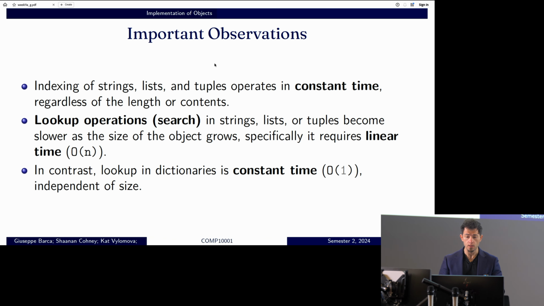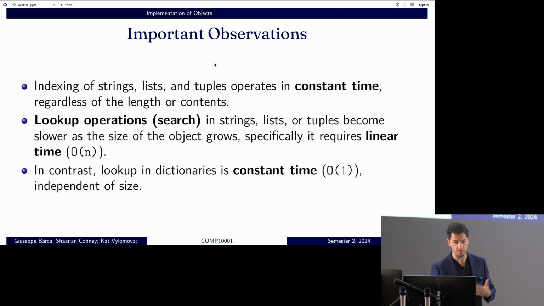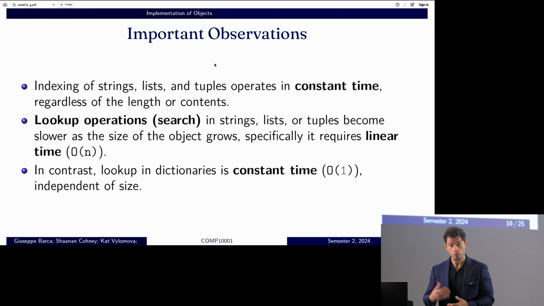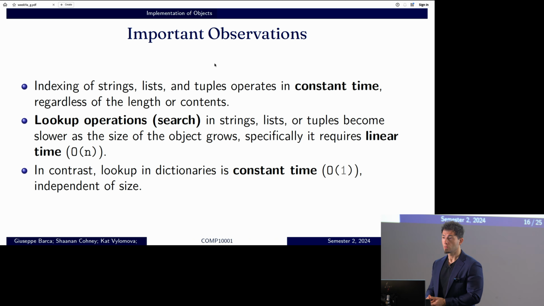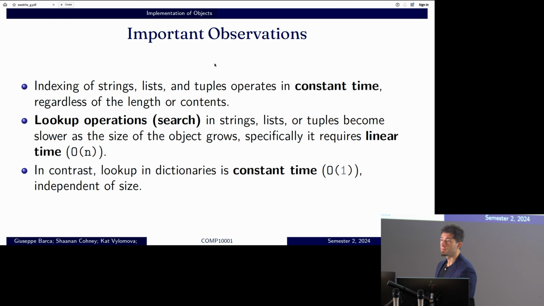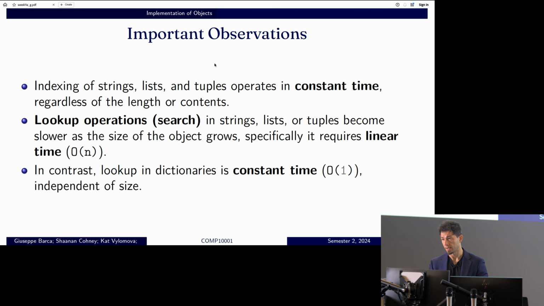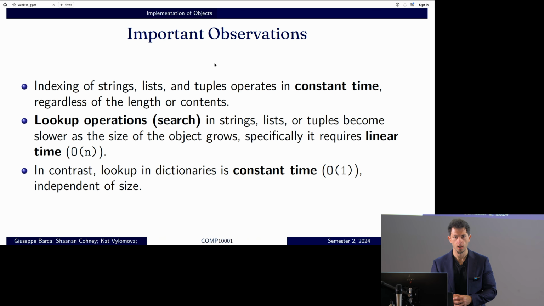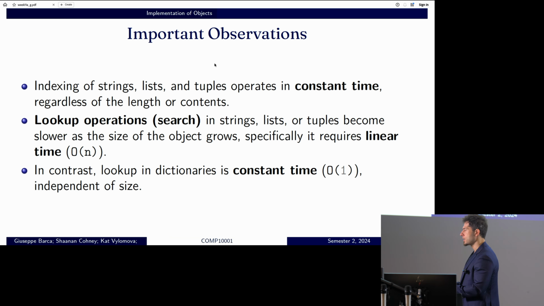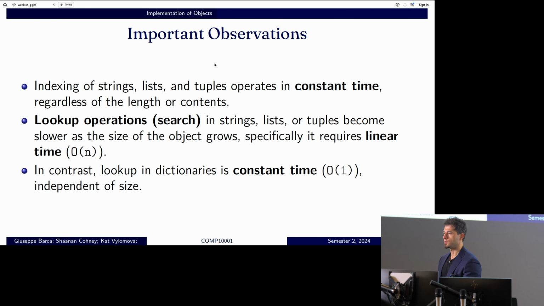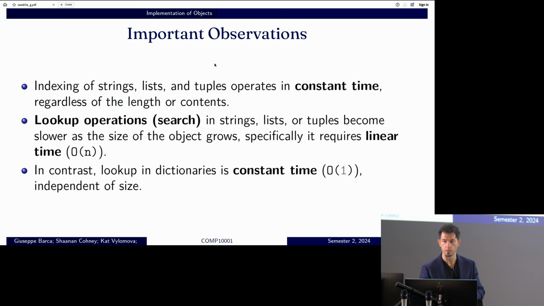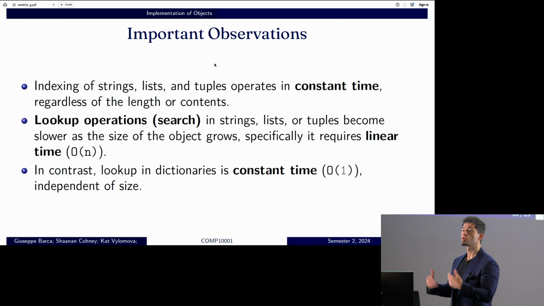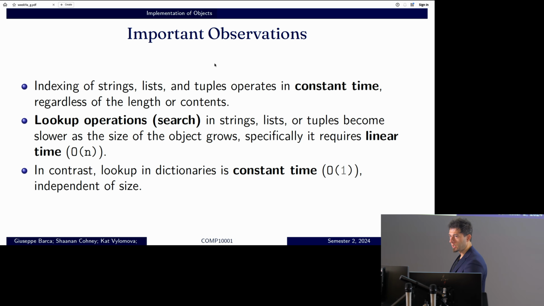And the reason here is that we essentially need to search through that container, and there's no other way, until we find the element that we were looking for. In contrast, for dictionaries, search takes constant time, which seems a bit of a magic feature because it's so much faster than linear, right?